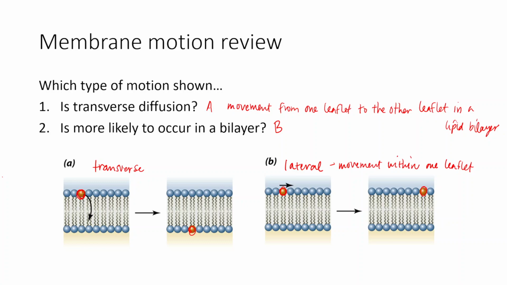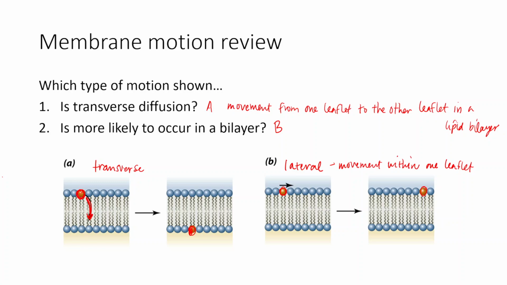All the polar heads stay next to all the other polar heads, and all the tails stay next to all the tails. We're not interrupting anything hydrophilic or hydrophobic. With transverse movement, on the other hand, you start with the polar head group, and it has to pass through the really hydrophobic, greasy layer of tails before it can get to the other side. That's a lot of work, because the polar head group does not want to be in the middle.